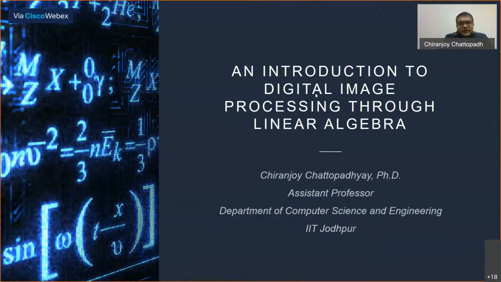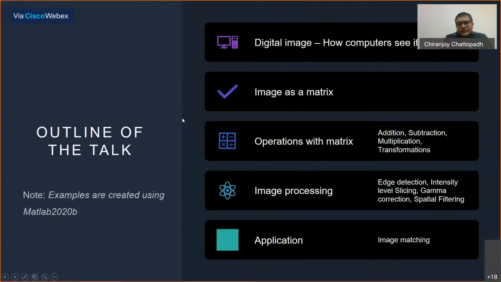Right, so let me start then. Today's outline of the talk is the following: I will be discussing the digital image, like how a computer sees an image, then image as a matrix, and then various operations on the matrix. I will be showing you examples in MATLAB, so that you can experience what changes it reflects on the image itself if I add or subtract two such matrices.